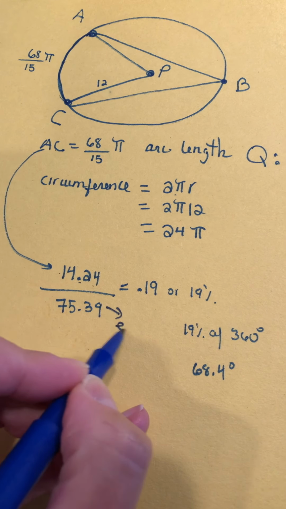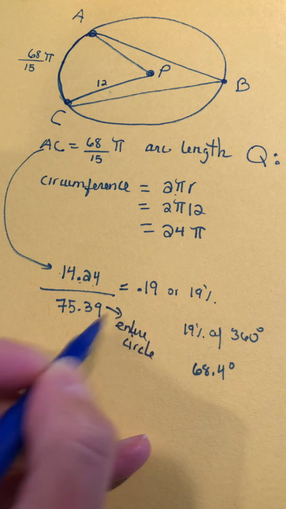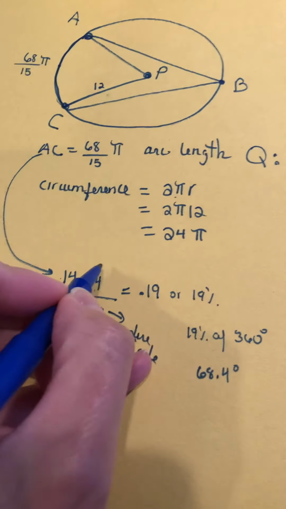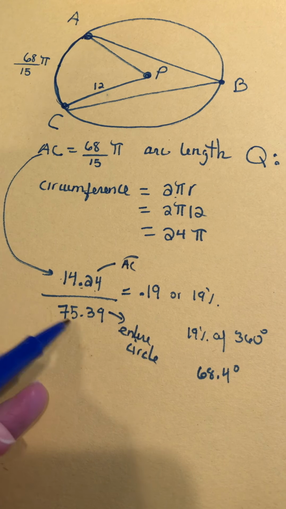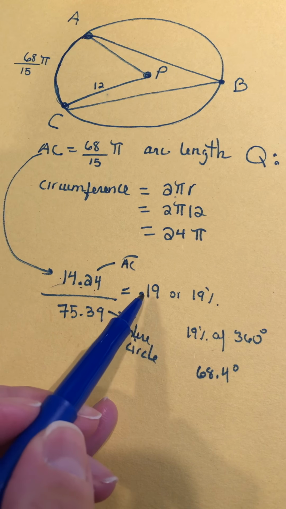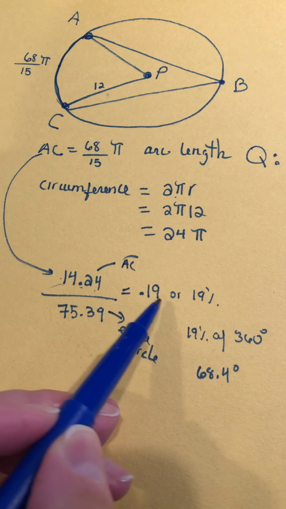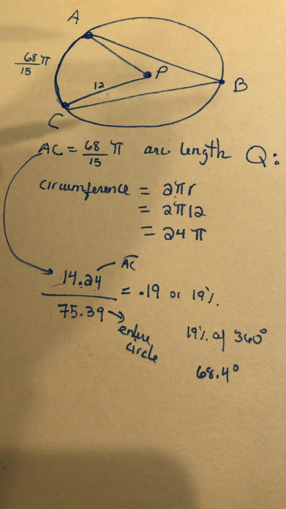This is the entire circle, right, the circumference, the distance around the entire circle. This is just the distance AC, right? So if I think about this in percentage terms, and I put this in my calculator, I'm basically traveling roughly 19%, right? So the distance I go from A to C is 19%.